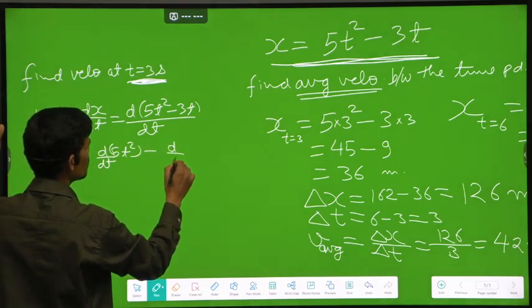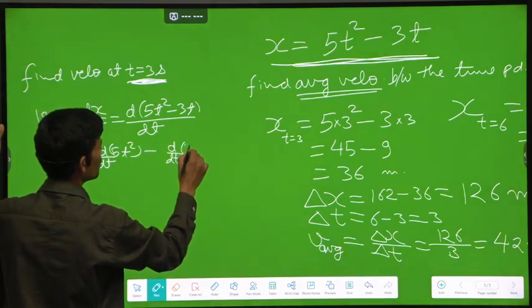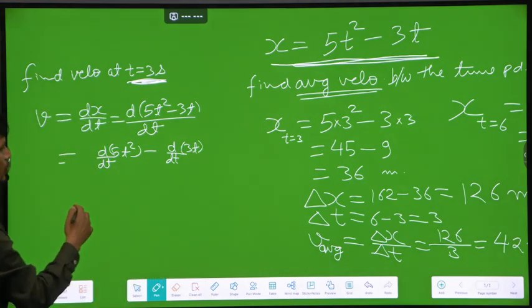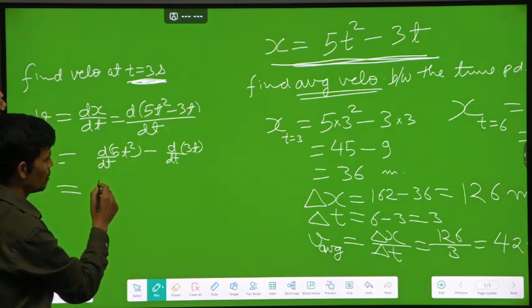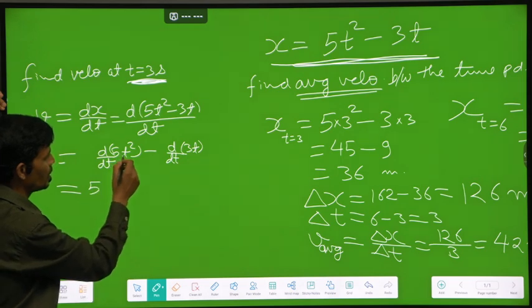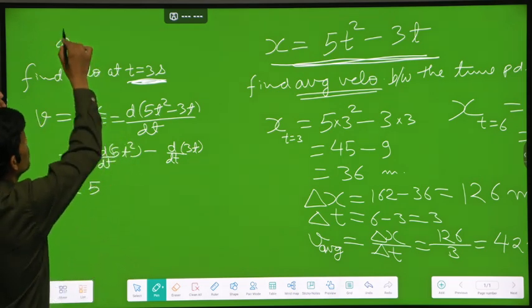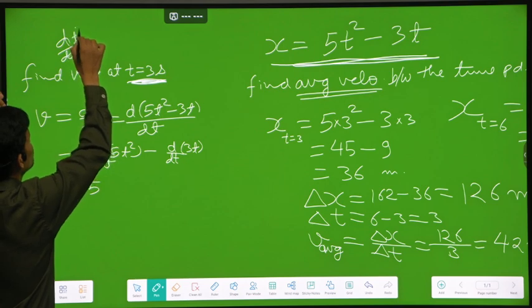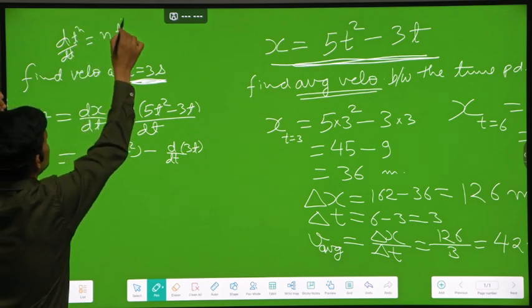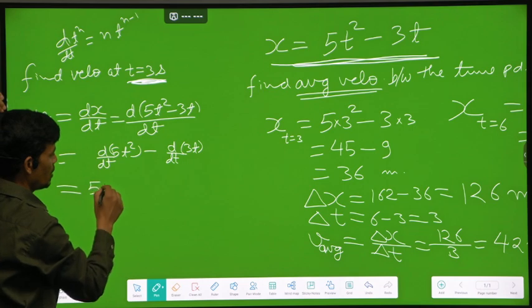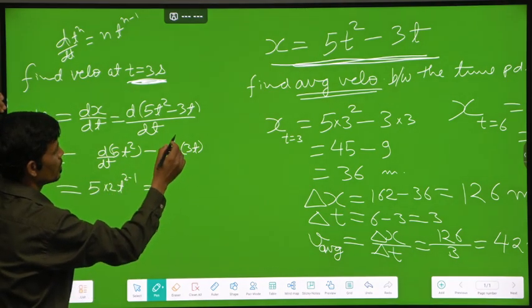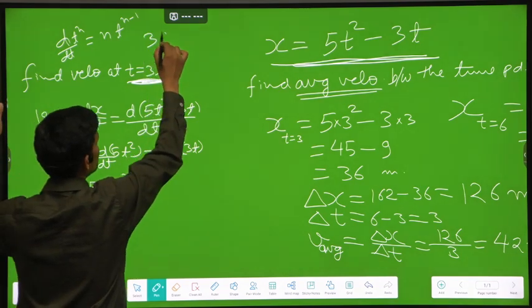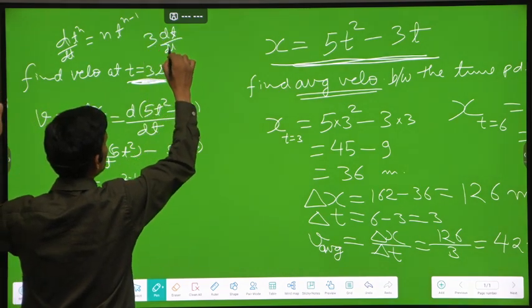So differentiation is also not a difficult thing. It follows certain mathematical operations, but it has its own formula. So here 5 and t square, remember that formula, d by dt of t to the power n is n t to the power n minus 1. Here also people will say that it will be 3 dt by dt, and dt by dt will be cancelled.